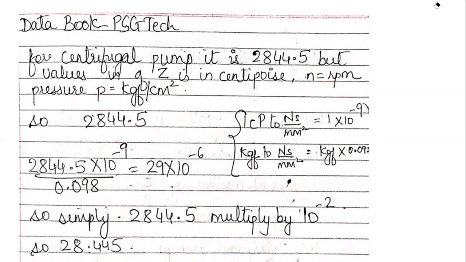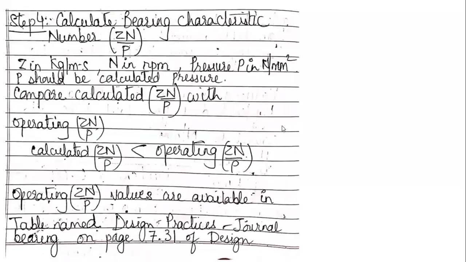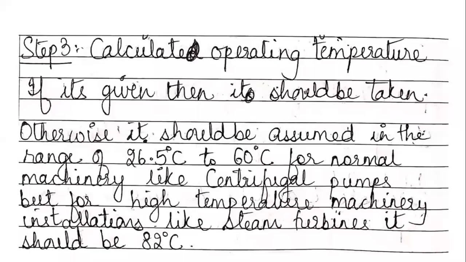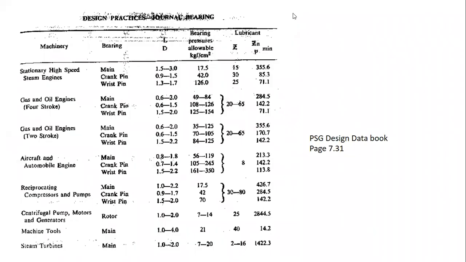In the table, you should understand that this 2844.5, actually it is 28.445 when I multiply it by 10 raised to minus 2. So consider this value as 28.445. Moving ahead.